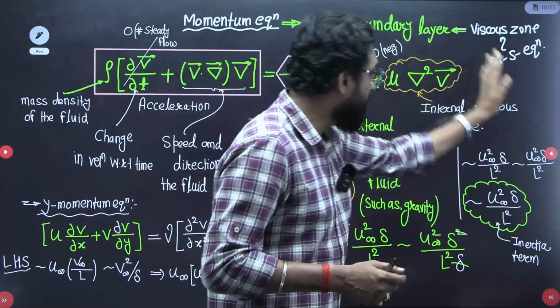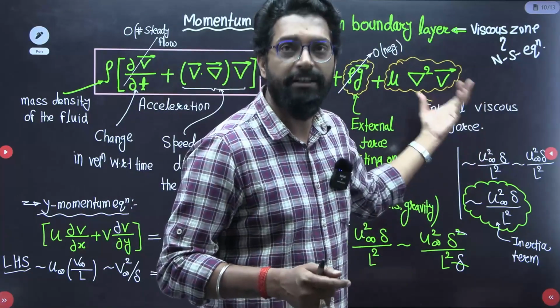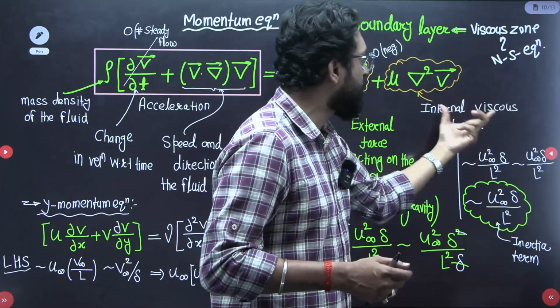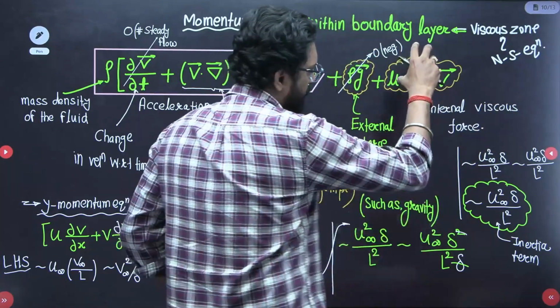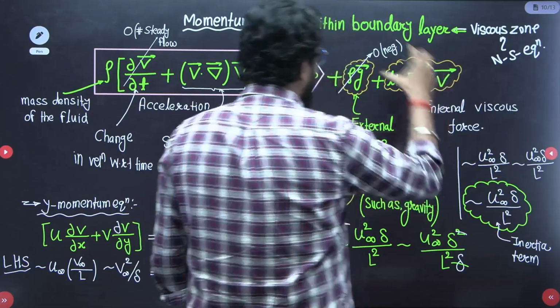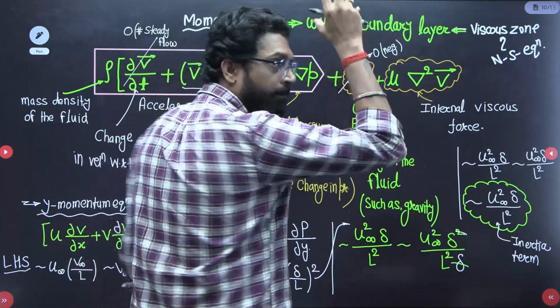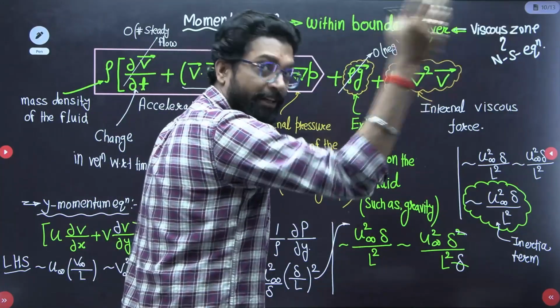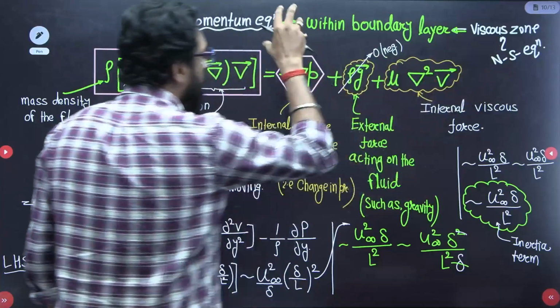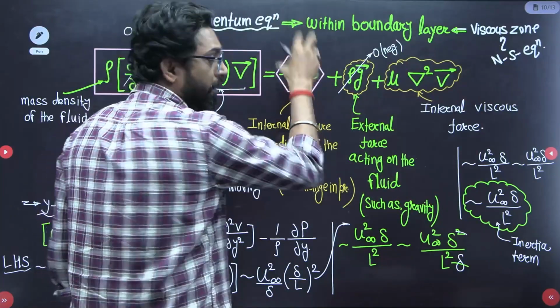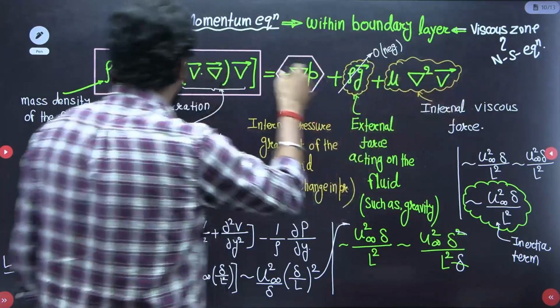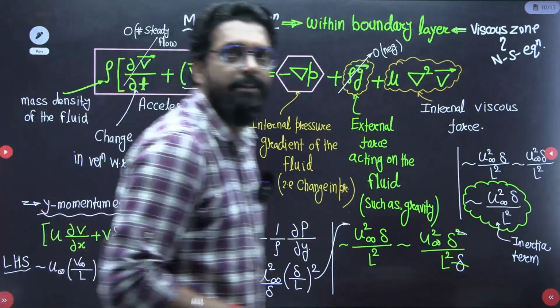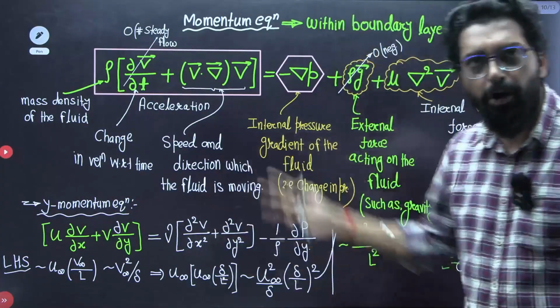And this term is the internal viscous force, a diffusion term. This is the force per unit volume due to viscosity, this is the force per unit volume due to the weight of the fluid, and this is the pressure force per unit volume due to the pressure gradient. These are the net force, density into acceleration per unit volume.